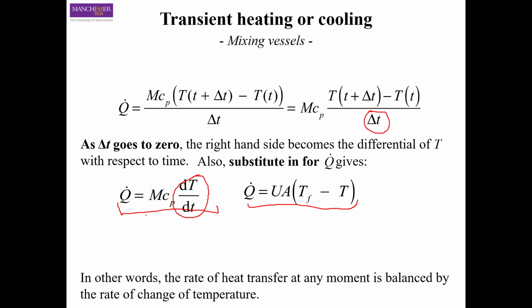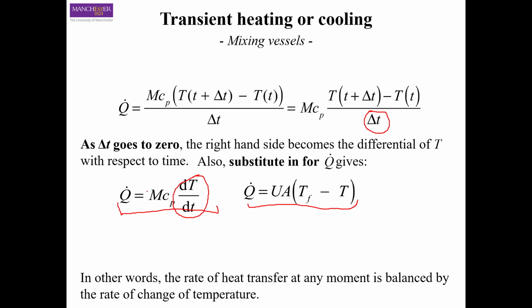This is the internal heat of the system, while this is the heat that is coming through the heat exchanger, from the heating fluid to the bulk of the fluid. The total amount of heat provided by the heating fluid is going to go into the bulk of the fluid that we need to heat.